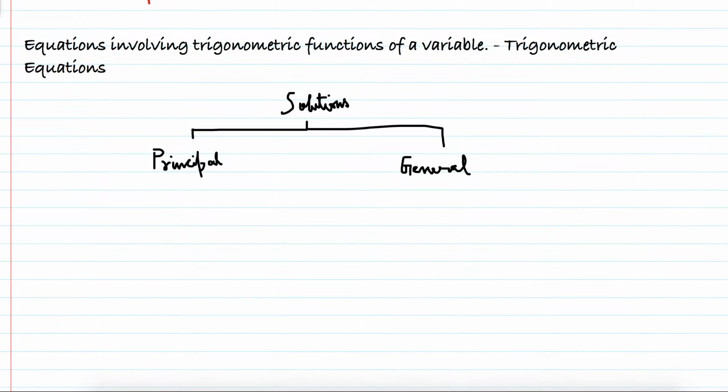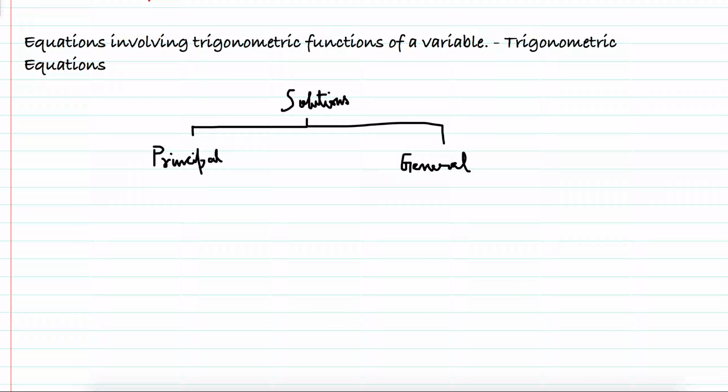While studying the graph of trigonometric functions, we had seen that the trigonometric functions repeat themselves after at least 2 pi, it will definitely repeat, but for some functions it will also repeat after pi.